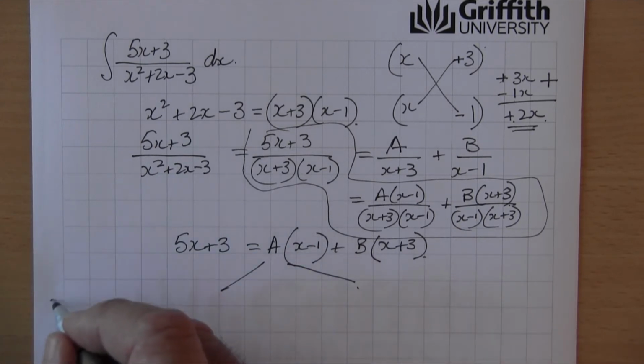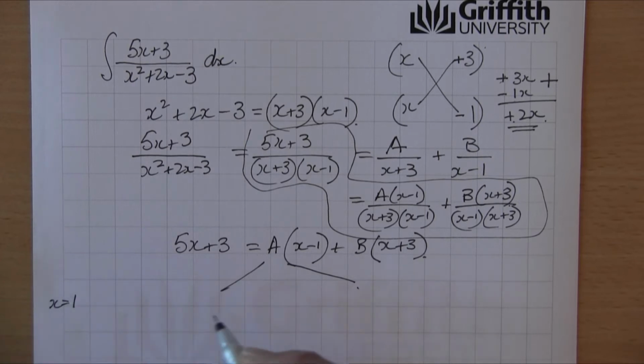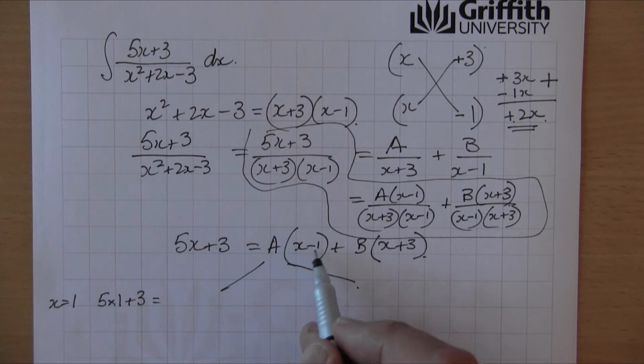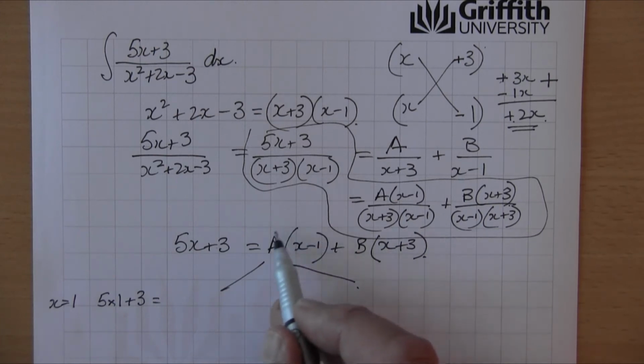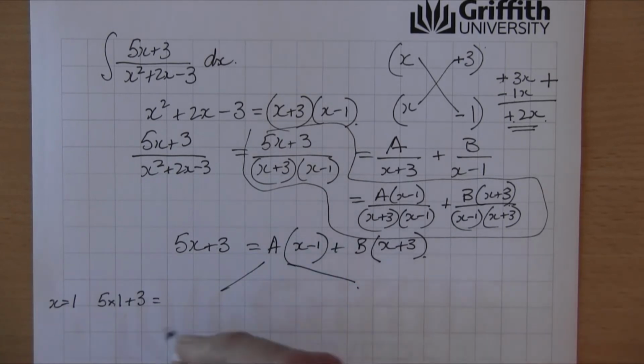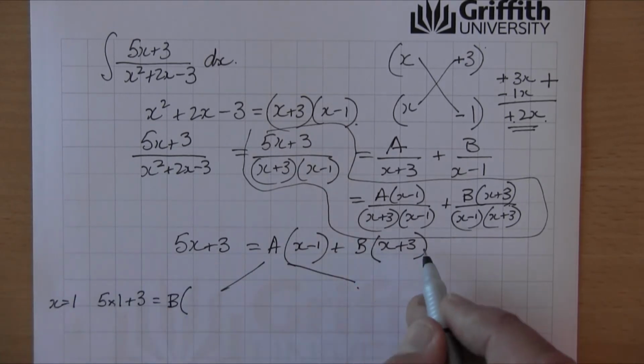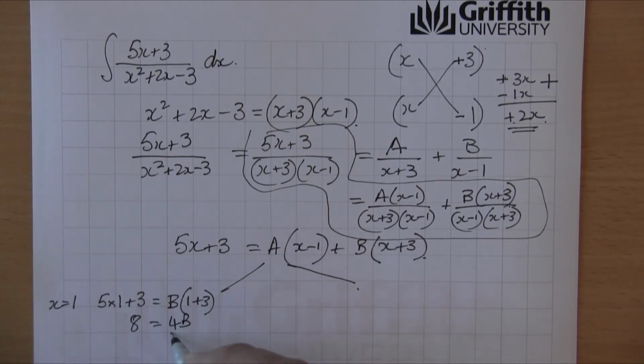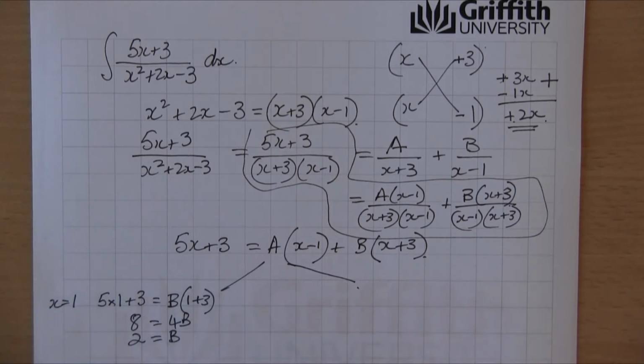So if we let x equals 1, we substitute 1 in there, and we've got 5 times 1 plus 3 is equal to, with x equals 1 there, 1 minus 1 is 0, 0 times a is 0, so all of that is gone. So you've got b outside of 1 plus 3. 5 ones are 5, plus 3 is 8, so we've got 8 is equal to 4b. So b is equal to 2.